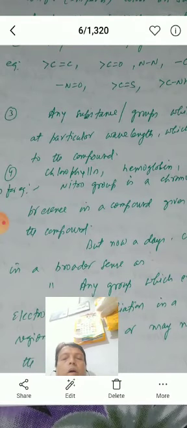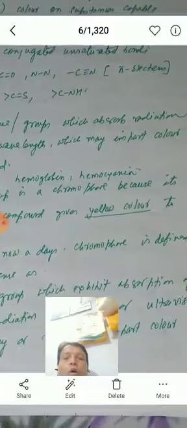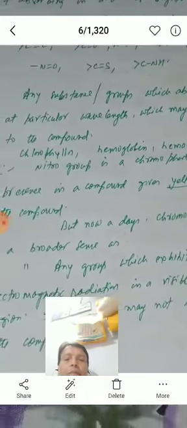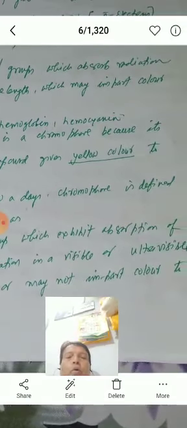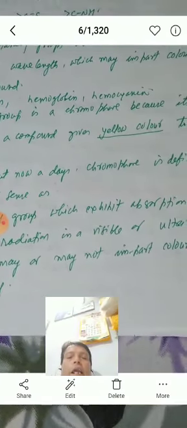Examples of chromophores are chlorophylls, hemoglobin, hemocyanin. For example, the nitro group is a chromophore because its presence in a compound gives a yellow color to the compound.